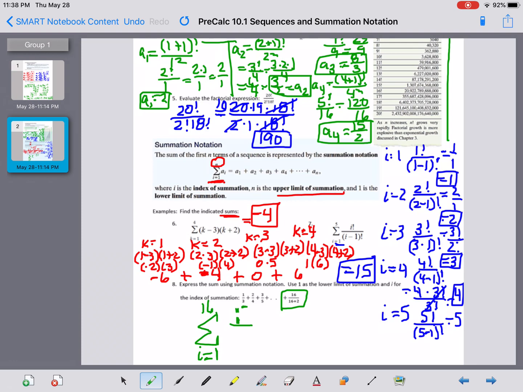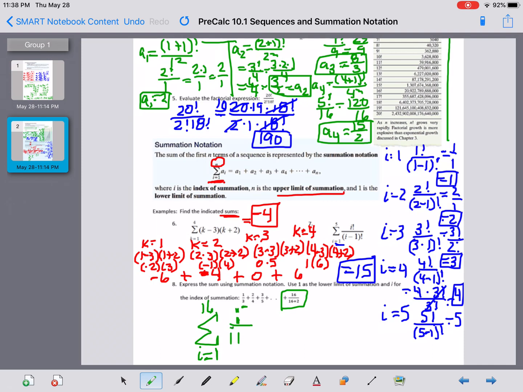So I go back to my first term. If I think of 16 plus 2 as i plus 2, is my 1/3 really 1 plus 2? Sure, 3 is 1 plus 2. On the 2/4, is that really 2 plus 2? Sure. 3 over 5, is that really 3 plus 2 on the bottom? It definitely is, which means it looks like I'm taking my index and adding 2 each time for my denominator.